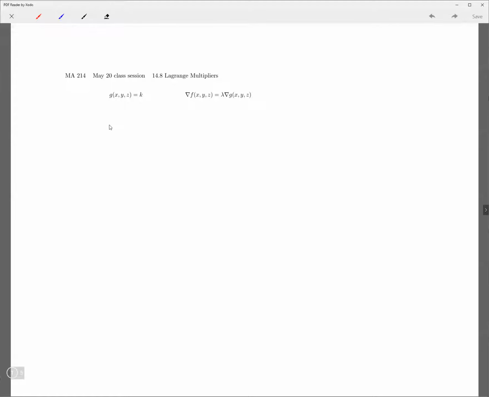And here's how it works. This g function is a constraint.